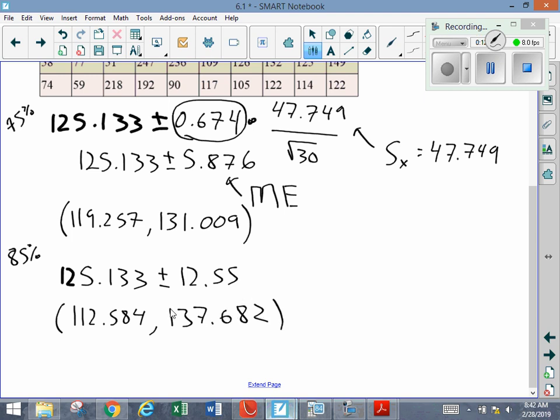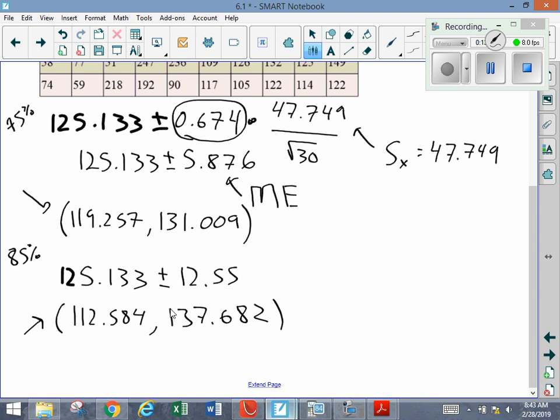What do we notice if we compare this interval and this interval? The margin of error is increasing, right? So check it out. This is what happens. As your confidence level increases, your margin of error increases, which makes a wider interval. It's a very important concept to know, okay?